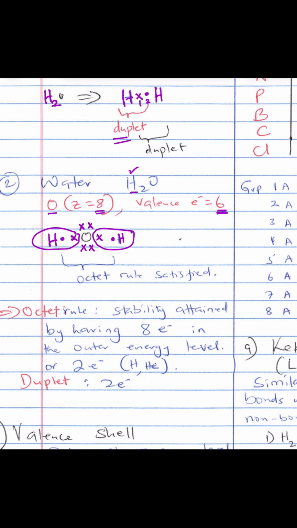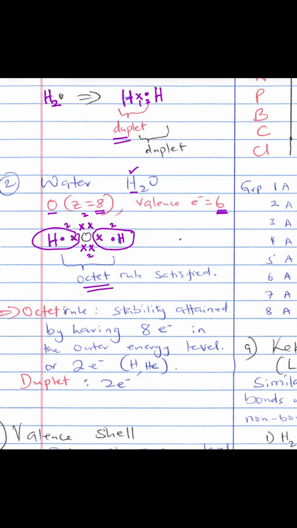But for oxygen, if you count the number of electrons around oxygen, then we have these 2, we have that 2, we have another 2 from that pair and another 2, and that gives you a total of 8, and that results in what we call the octet rule, which states that atoms gain stability by having 8 electrons on the outer energy level. And in order to do that, they end up sharing electrons.